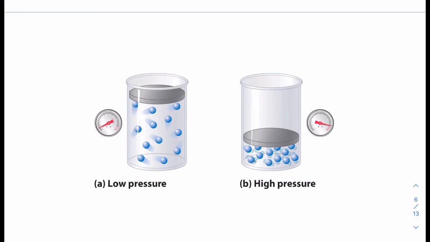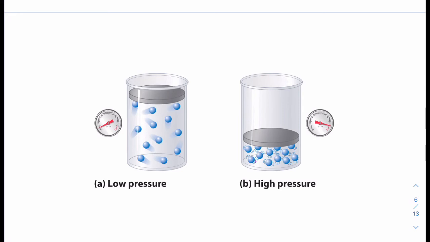In high and low, they have the same number of particles, because if they had different numbers of particles, then that would mean it's low concentration and high concentration. So here we've got the same number of particles. The low one is just more spread out, whereas the high pressure is more compact together.